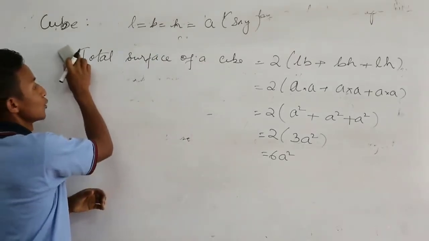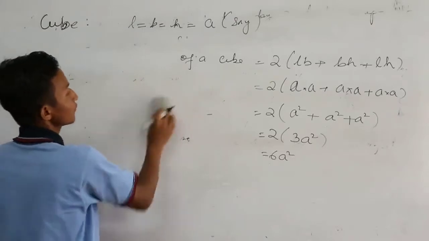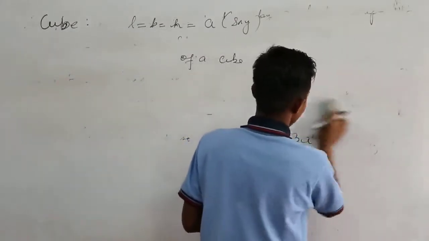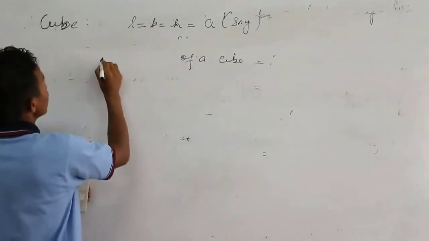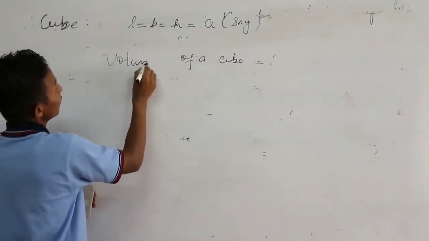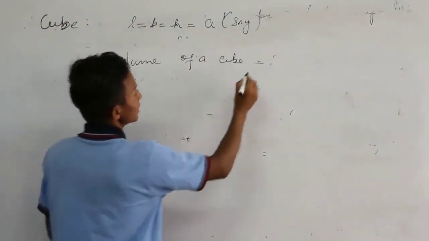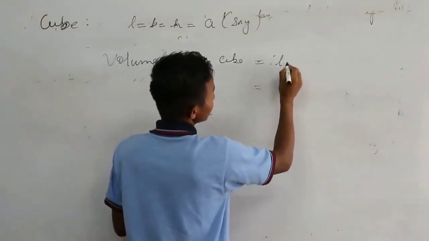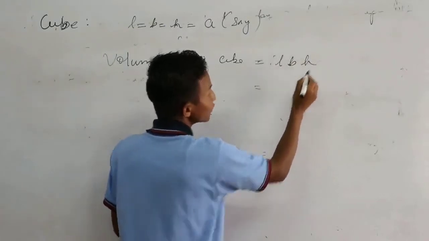Next, the volume of a cube. From the cuboid, we get length into breadth into height.